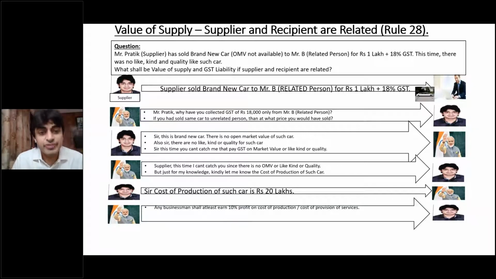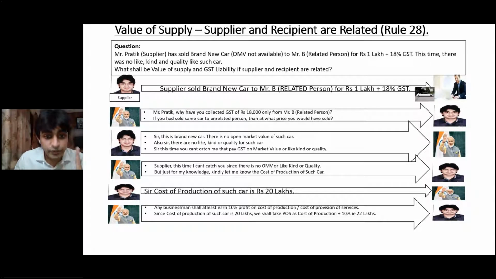The government told me that any sane businessman shall at least earn 10% profit on the cost. Since the cost of production is 20 lakh rupees, again I said cost of production, not marketing or selling, the value of supply shall be deemed as cost plus 10%.